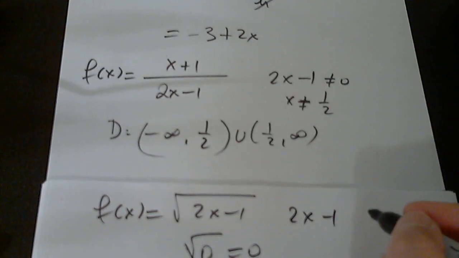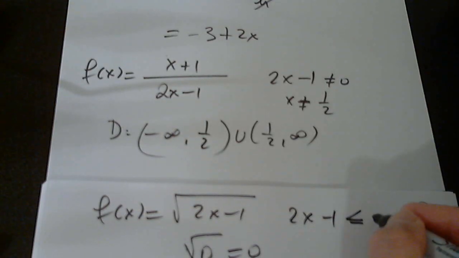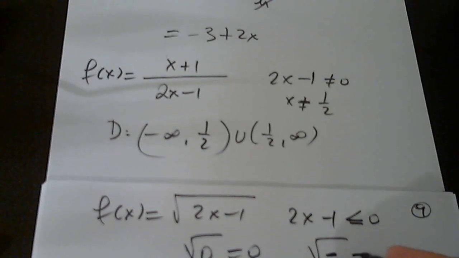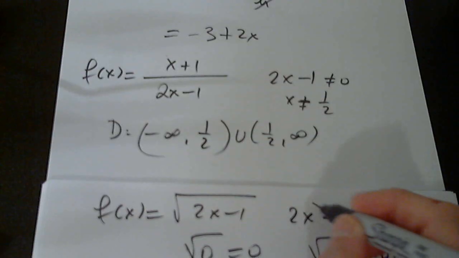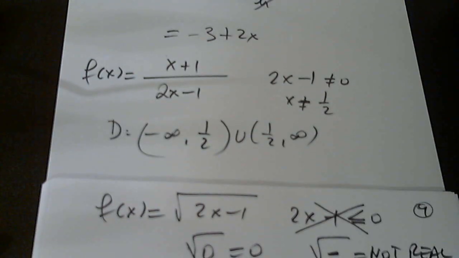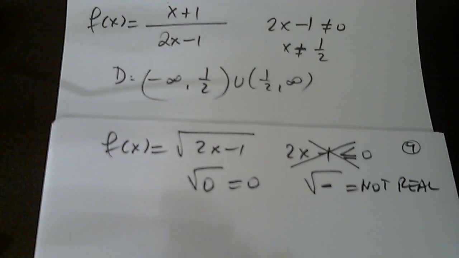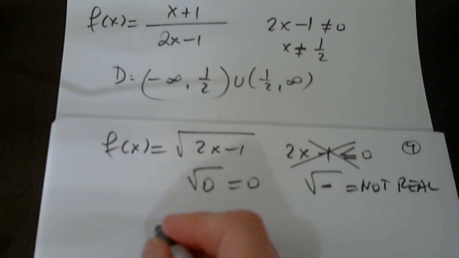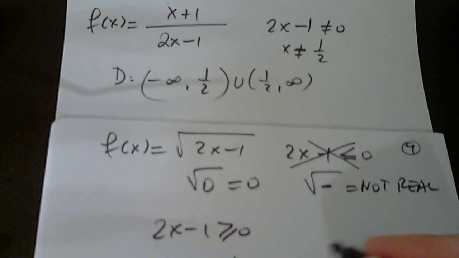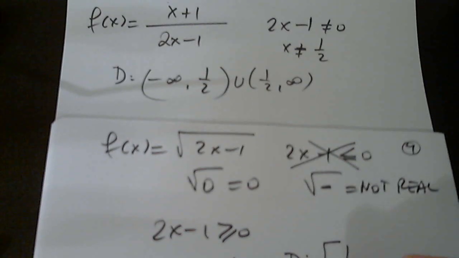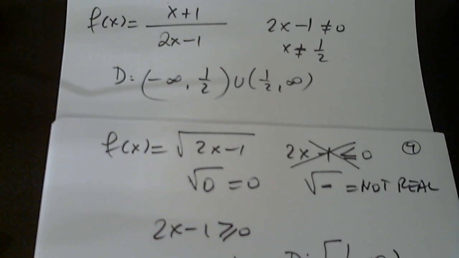Is it less than or equal to? That would be a problem because the square root of a negative number is not real. Is it greater than or equal to? Indeed. So x greater than or equal to 1/2, so then the domain will be 1/2 to infinity.